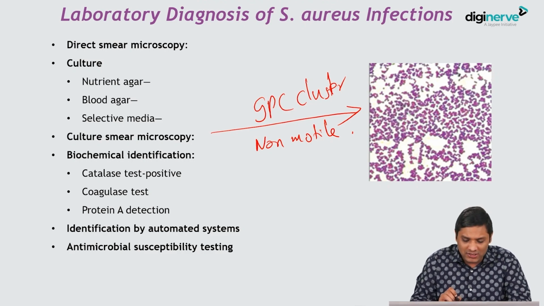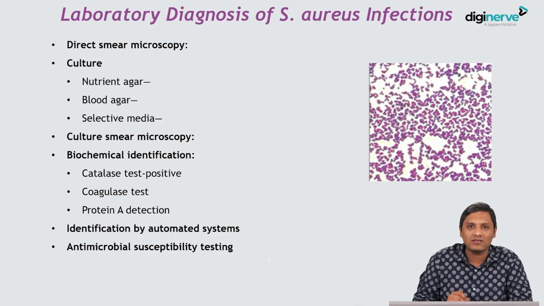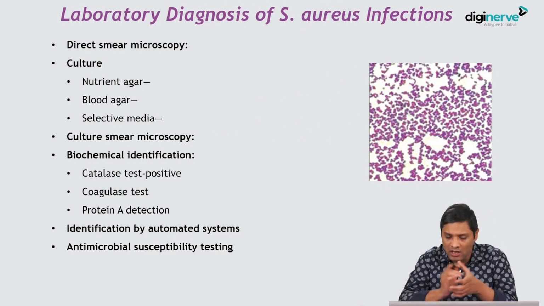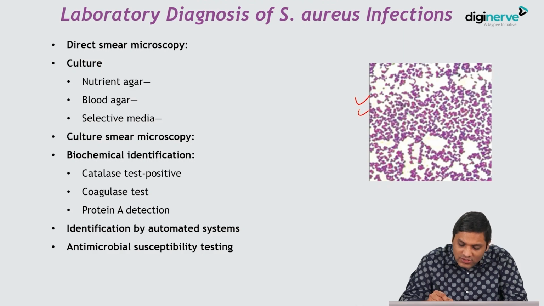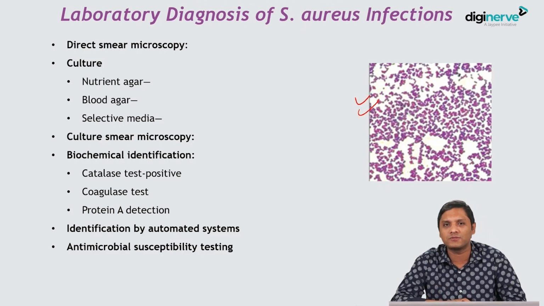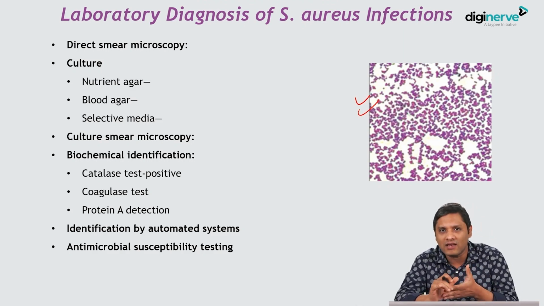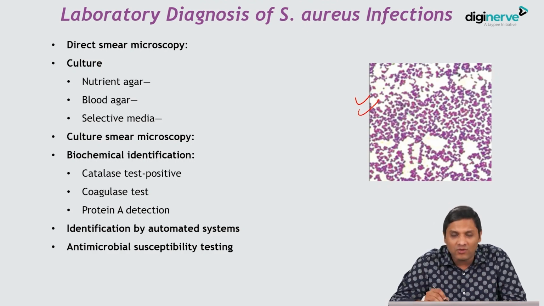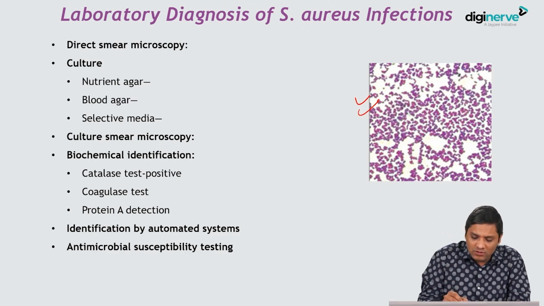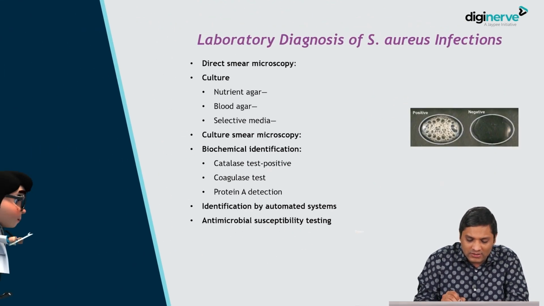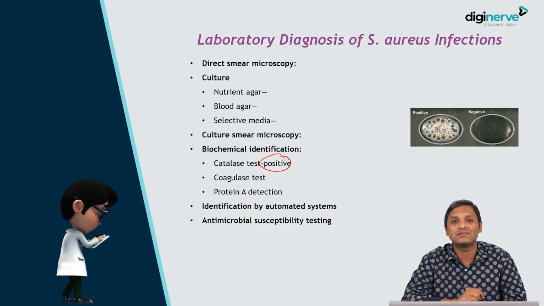After the culture smear reveals gram positive cocci in clusters, you have to further differentiate it from streptococcus. Of course, gram staining will differentiate from streptococcus, because streptococci are in chains or pairs, whereas staphylococci are in clusters. But the most important test to differentiate staphylococcus from streptococcus is the catalase test.